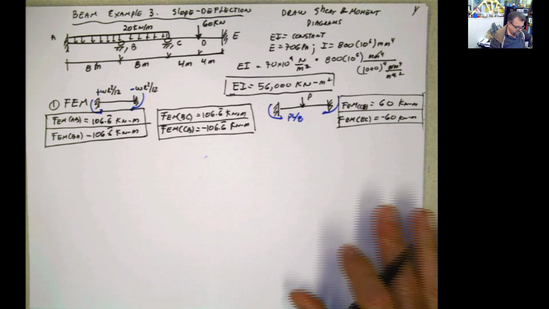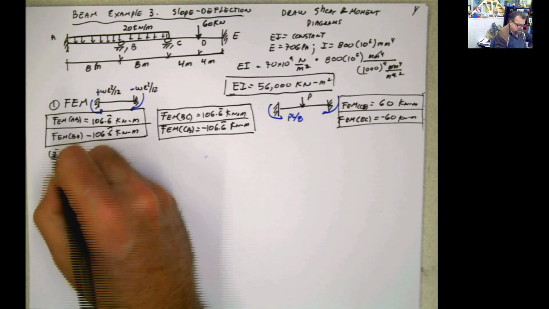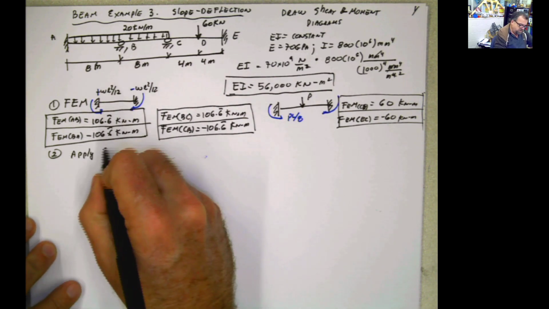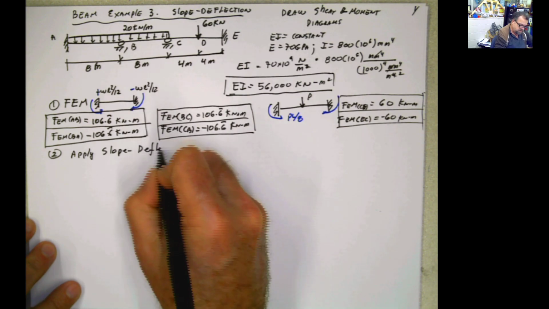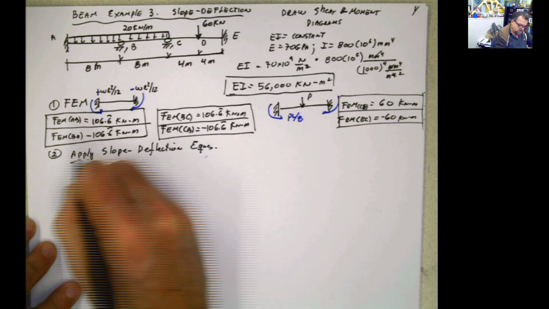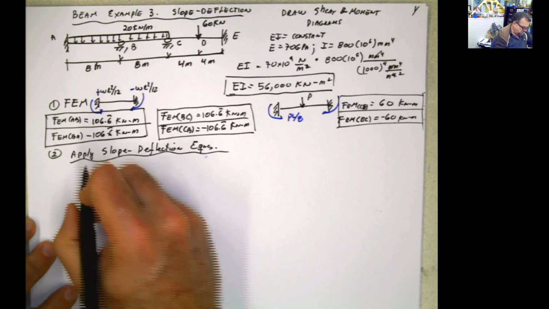Okay, we finished with this. Now what is the next step? The next step is apply the slope deflection equations. And what are those equations? Well, the equations are as follows.